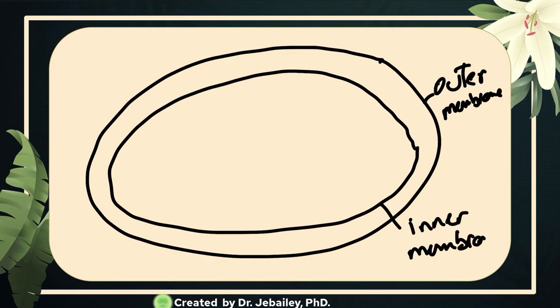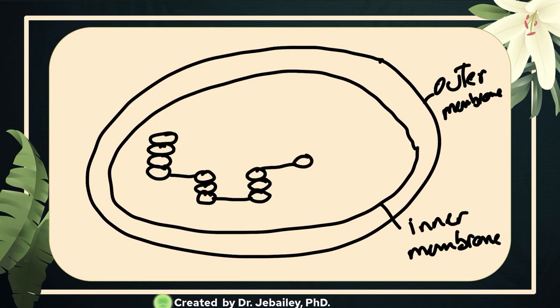Because remember, chloroplast has a double membrane. And then you have the space here where you start making little stacks of coins like this. And then you just keep making more stacks of them, and you keep making another extra stack and just line up. Now, you can do this throughout the entire thing, but I just did some.